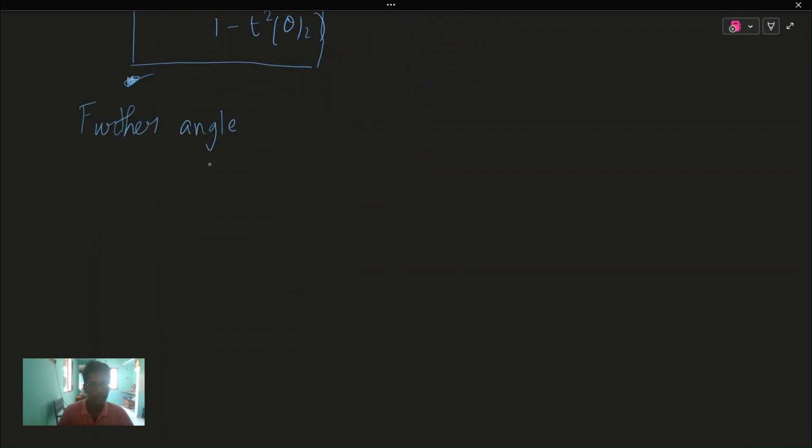Let's develop the degree ratio table for further angles other than 0, 30, 45, 60, and 90. So now let's develop it for 18 degree, 36 degree, 54 degree, and 72 degree. It's very important.